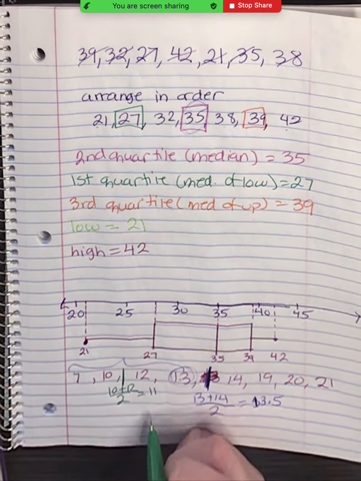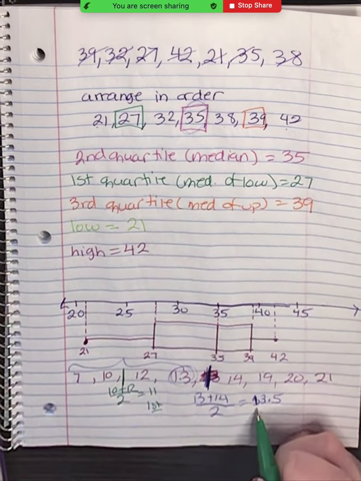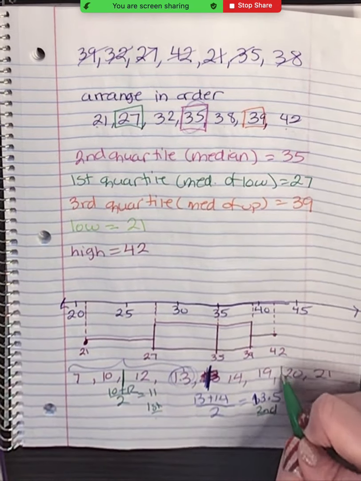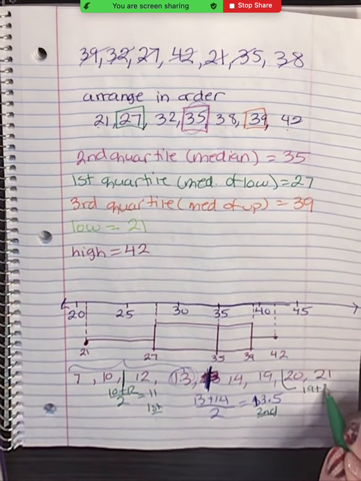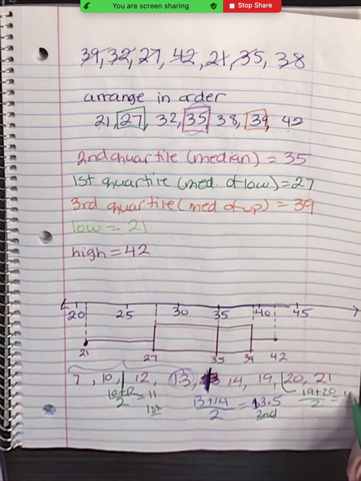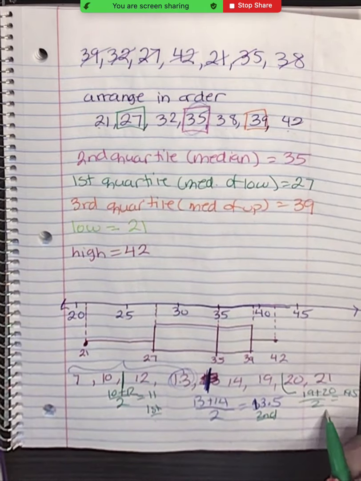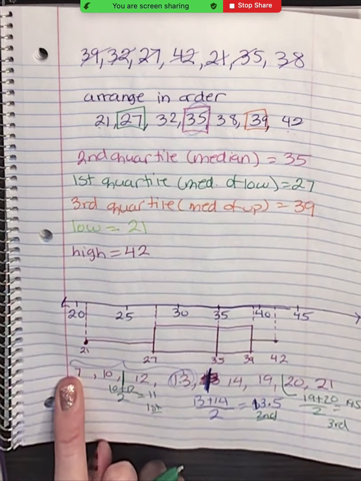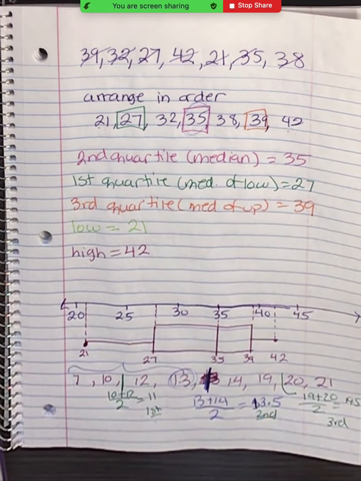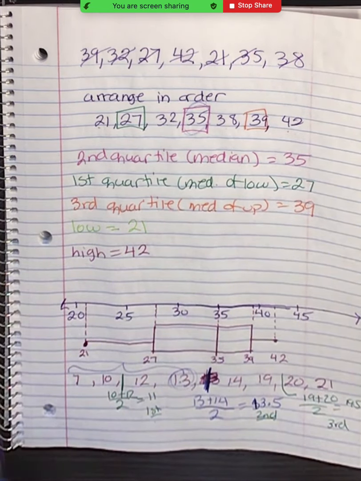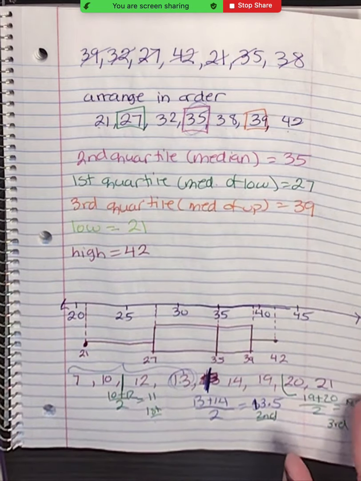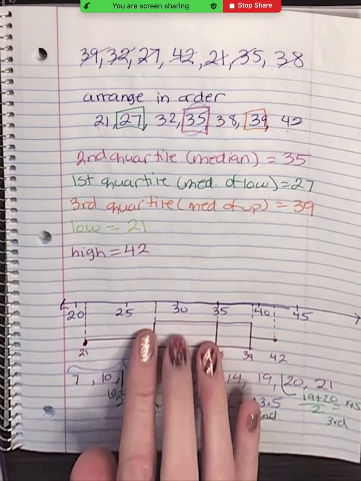That's my first quartile, my second quartile, and then my third is between 19 and 20. So you add them and divide by 2. Okay? And then you still have your lower and your upper numbers. Okay? So that is box and whisker plots, just a way to organize your data and display it. A box and its whiskers, the 2 lines.